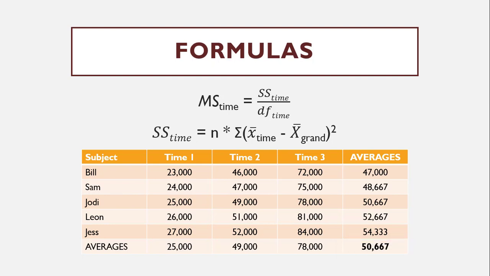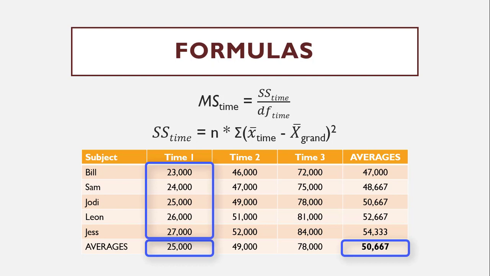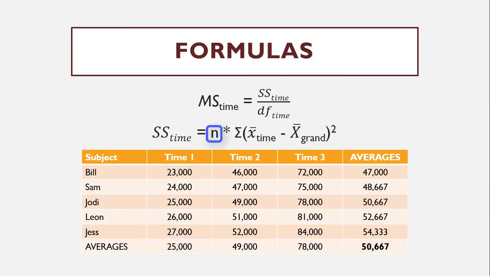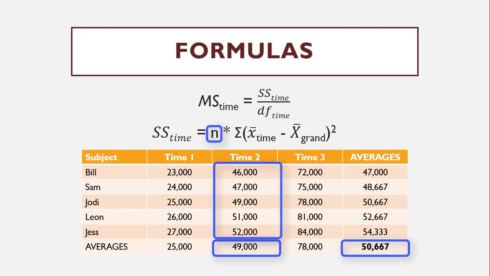Now, for sum of squares time, we want to know what is the deviation of 25,000 from that, but then we need to account for the number of people that are in that estimate. So we're going to multiply by n. Then we're going to look at the deviation for time 2, 49,000 from 50,667. Again, multiply it by 5.